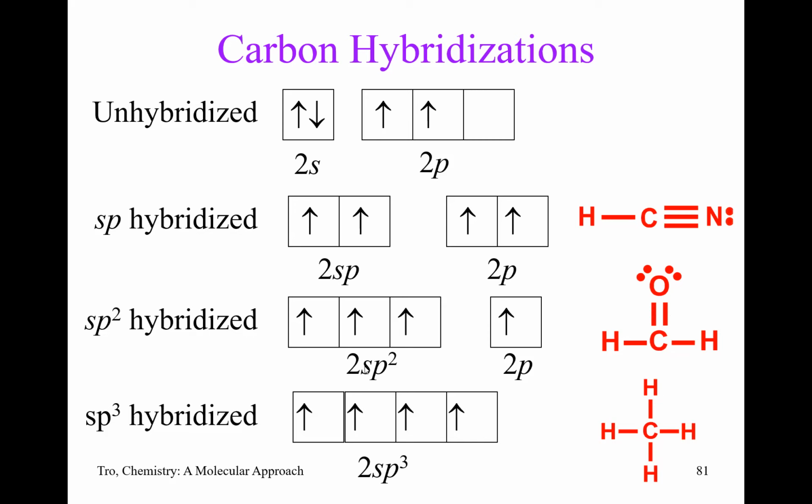So the sp2 is each of the single bonds between the carbon, and you get a double bond because of the one p that's left out, right? So these left out or unhybridized p orbitals are what make up multiple bonds. So when you have two of them, you get a triple. When you have one of them, you get a double. And again, take-home message, carbon that has a double bond has to be sp2 hybridized.